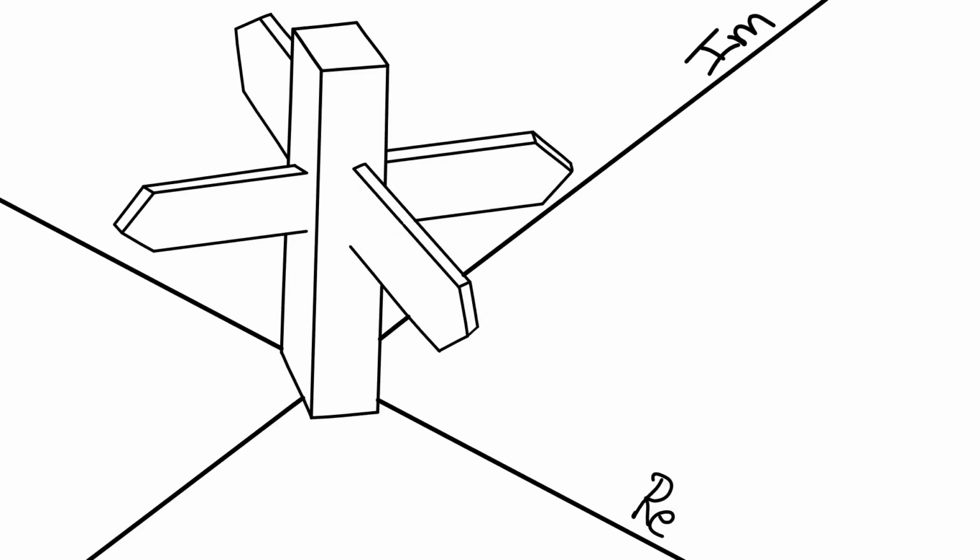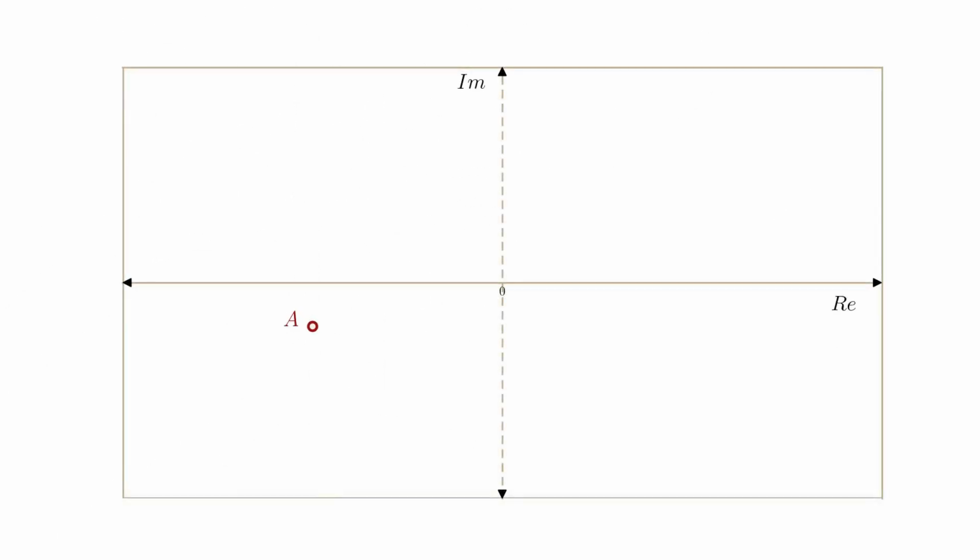Now, given that complex numbers have directions, how do I go from here to here? Like this. Yes, but how do I represent it mathematically? Okay, let's shift this vector to the origin to get a better idea.